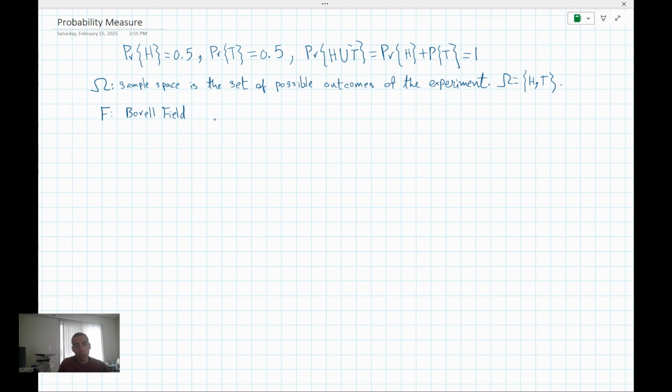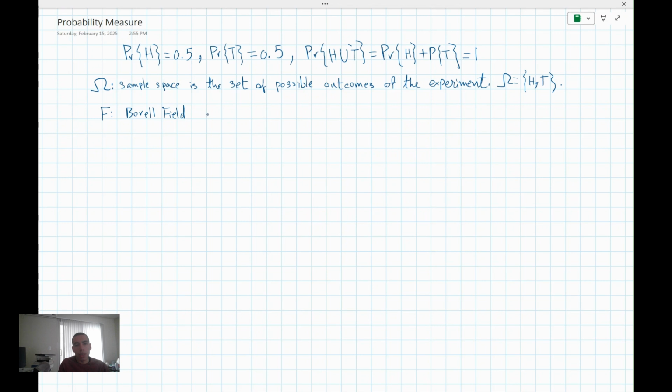So suppose you want to take the probability of heads, the probability of heads and tails, or the probability of neither heads nor tails, which is an event with probability 0. So to do that, we define the Borel field, which is a collection of subsets of omega, and as we will discuss in a minute, we will take the probability of these subsets.